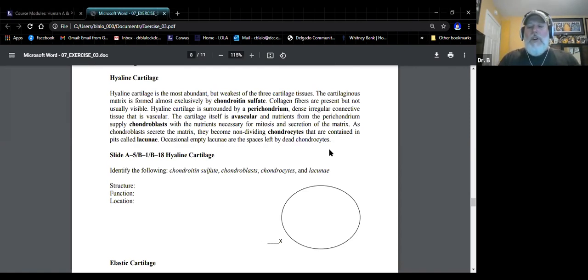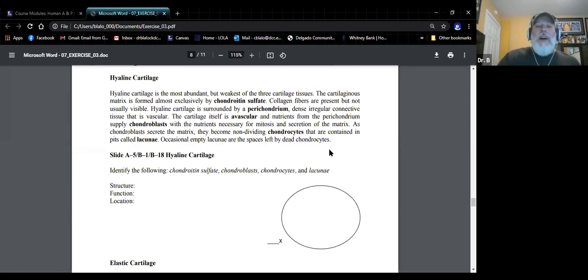At which point, cartilage has very limited capability of regeneration or repair. Which is why oftentimes if we damage cartilage, particularly hyaline cartilage, there's no way of fixing it. If you damage cartilage in a joint, oftentimes they just go in and remove the cartilage that has broken off, because sewing it back together is not going to promote growth because of its avascularity.